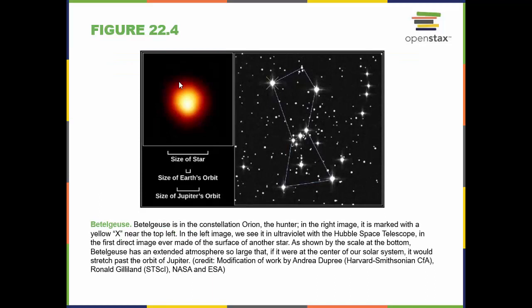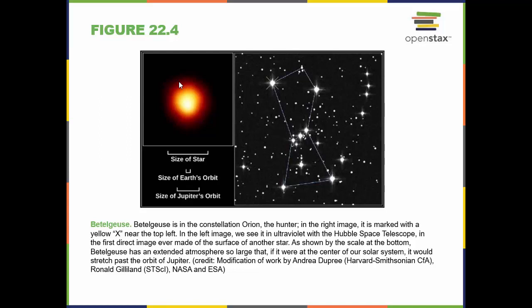So if you look at Betelgeuse, it's in the constellation Orion, the Hunter, and in the right image it is marked with a yellow X near the top. And in the left image, we see an ultraviolet image taken with the Hubble Space Telescope. And this is the first direct image ever made of the surface of another star.